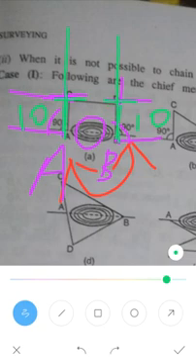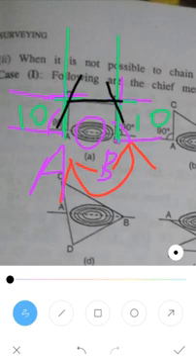Next, you have to measure the distance between here and here. That distance will give the distance AB.